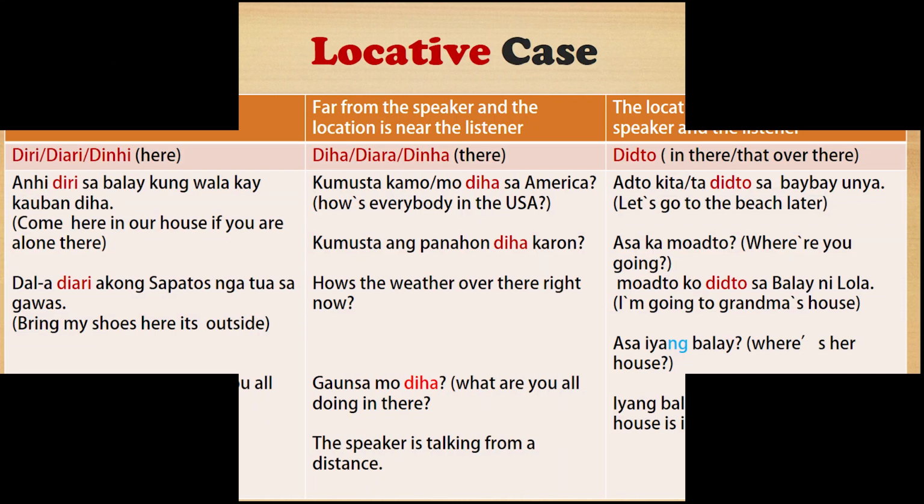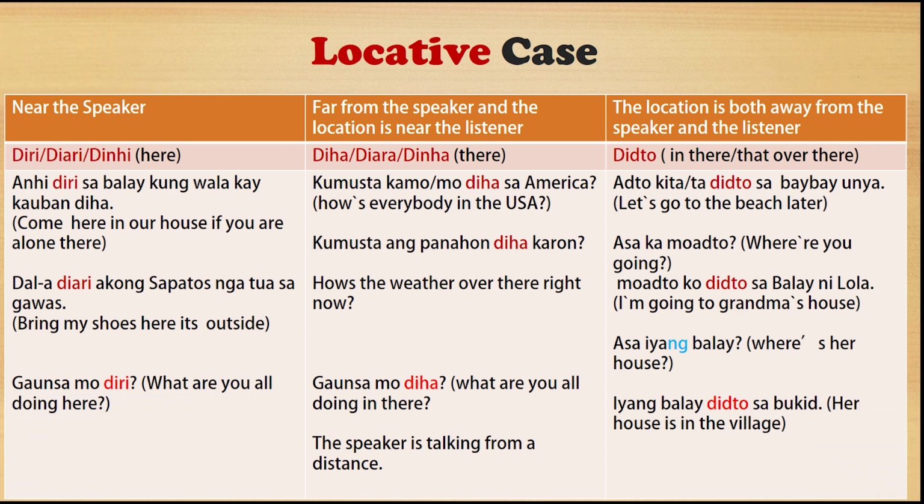So moving on to locative case. So we also have near the speaker, far from the speaker, and the location is near the listener. Then we have the location is both away from the speaker and the listener.